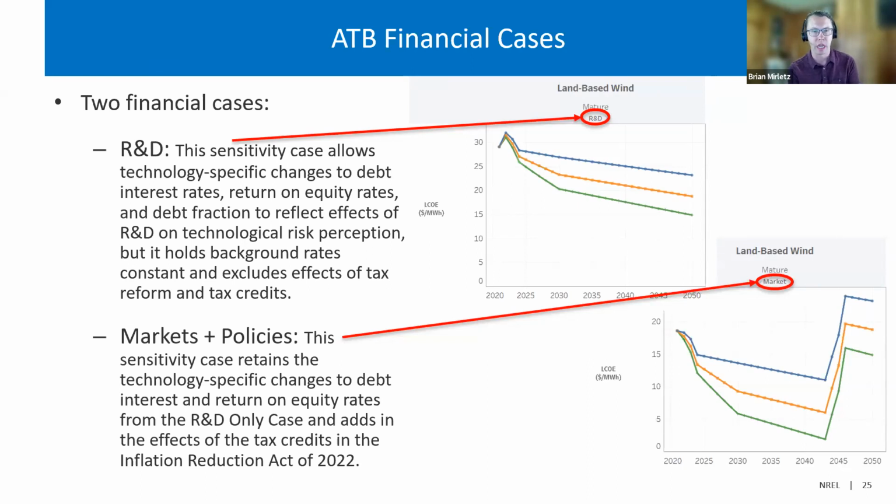We also present a markets and policies scenario, which utilizes those same debt fractions, interest rates, and return on equity in the base year, but then adds in the effects of tax credits from the Inflation Reduction Act, which we'll discuss more in the following slides. And so then if you see that little market on the graph, that means that's the financial assumptions scenario that you are looking at.